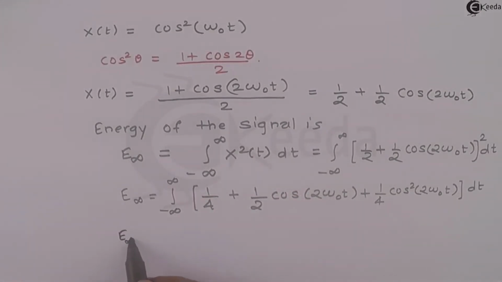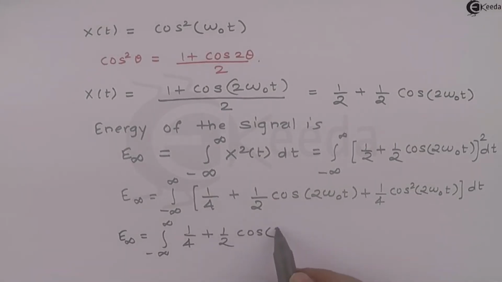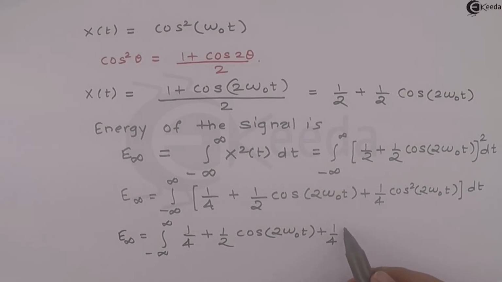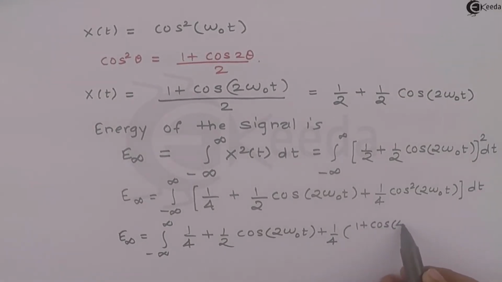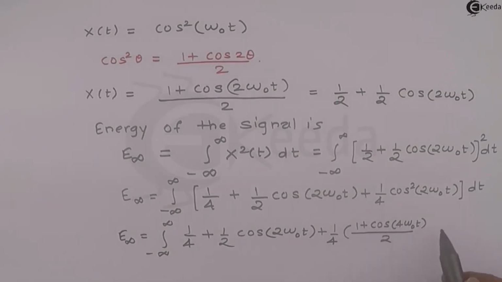So in the end I will get E infinity equals integral minus infinity to plus infinity, 1 by 4 plus 1 by 2 cos 2 omega 0 t plus 1 by 4, which is a constant, and instead of cos square 2 omega 0 t I can put 1 plus cos 4 omega 0 t upon 2.